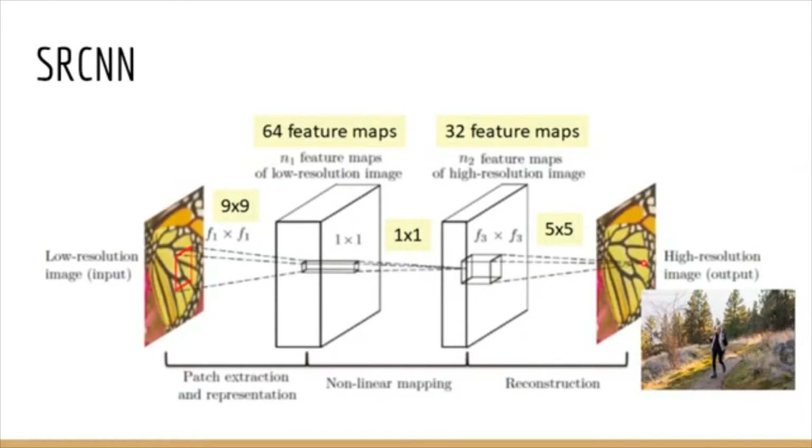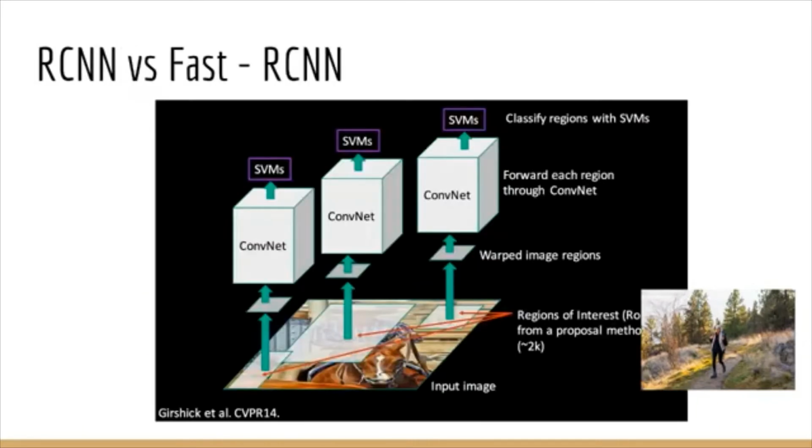For you to understand what SRCNN and FSRCNN are and how they are different, I have a small example of RCNN versus fast RCNN. RCNN and fast RCNN are object detection models. In an input image, you throw a huge number of proposals, saying that in this rectangle enclosed by points P1, P2, P3, P4 there is an object.